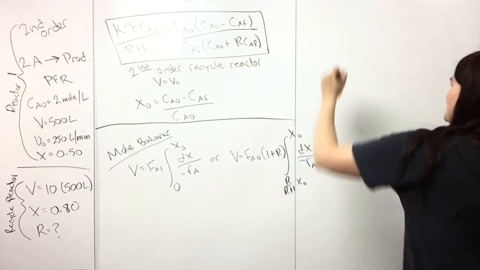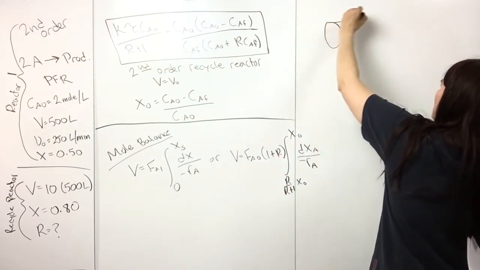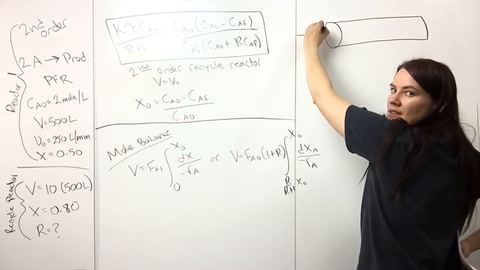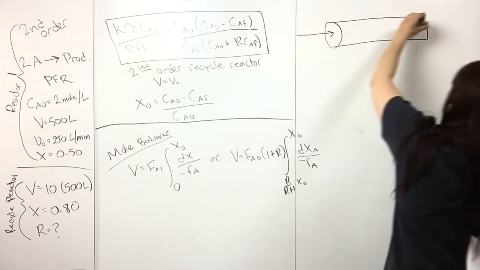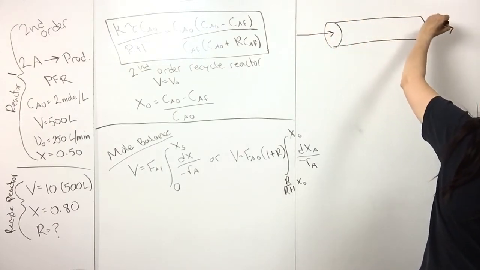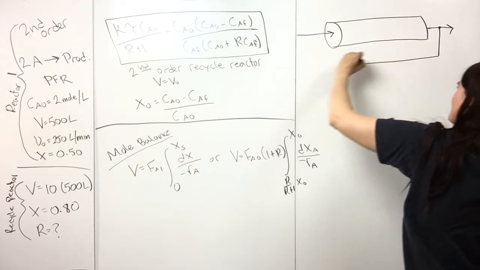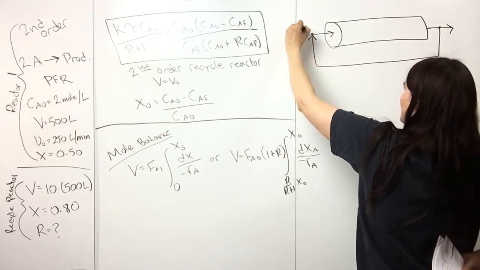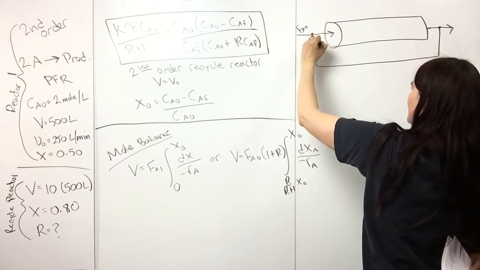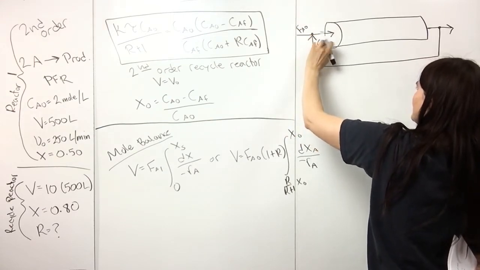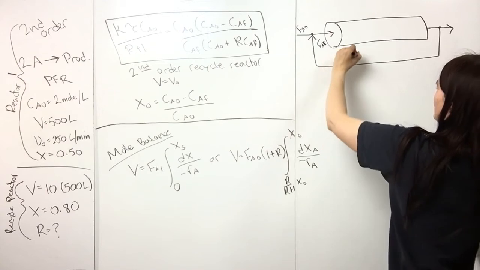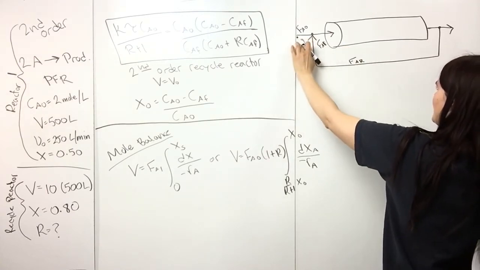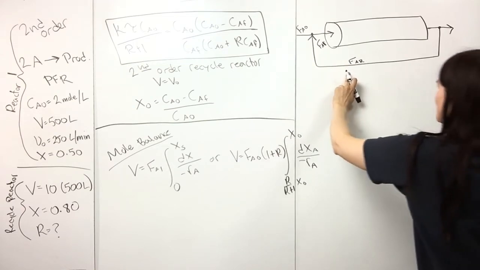So if I just draw a recycle reactor real quick, you have some stream coming in, some stream coming out, and then you have a stream coming off that goes back in. So this is your recycle. Say you have FA naught flowing in, FA1 would be right here. This is your recycle stream, so FA1 is FA naught plus your recycle stream.